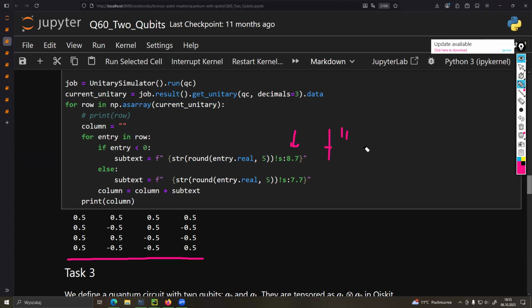Once you have an f-string, you can open a bracket, do some operation, and then make an exclamation mark and pass in a format.